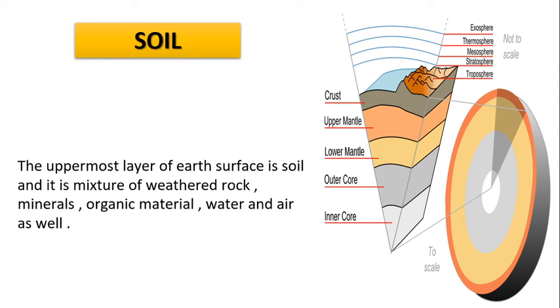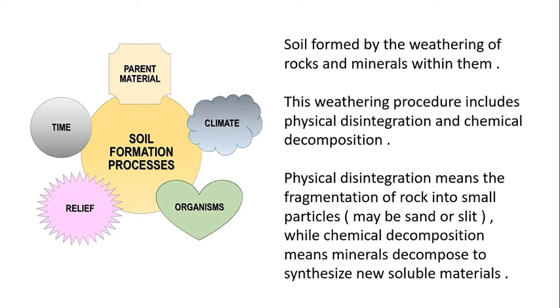Next is soil. Soil is also an important abiotic factor, and it is the uppermost layer of the earth's surface. It is the mixture of weathered rock, organic materials, water, air, and some minerals. Soil is formed by the weathering of rocks and minerals.